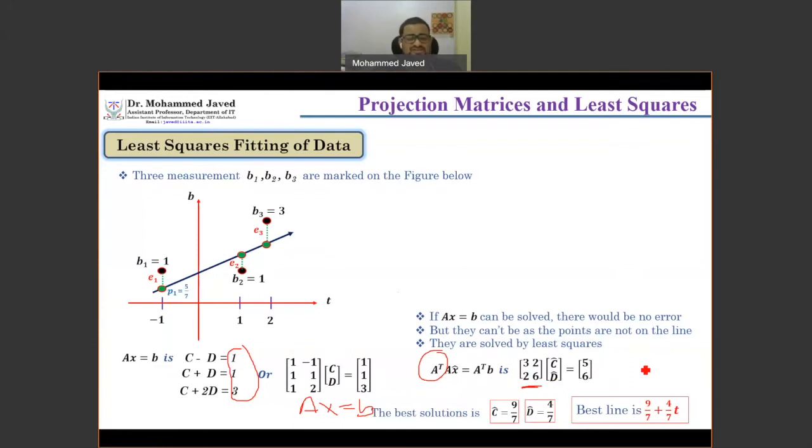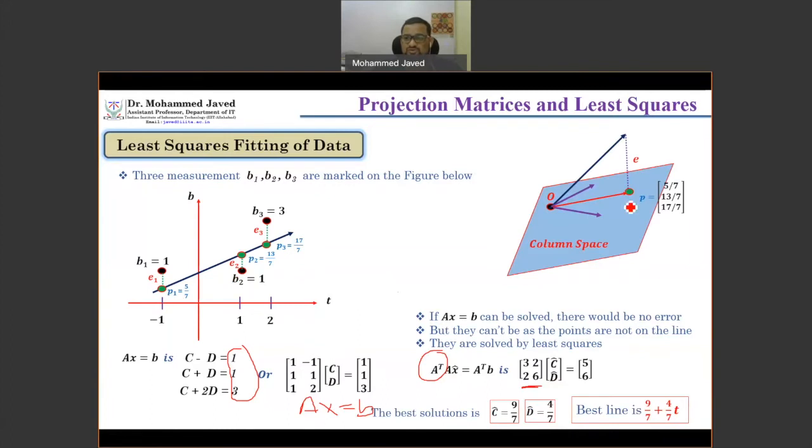Now you can see what the projection values are. I know that E equal to B minus P. I know the error, and I know the B value, so I can find P. P1 is 5 by 7, P2 is 13 by 7, P3 is 17 by 7.